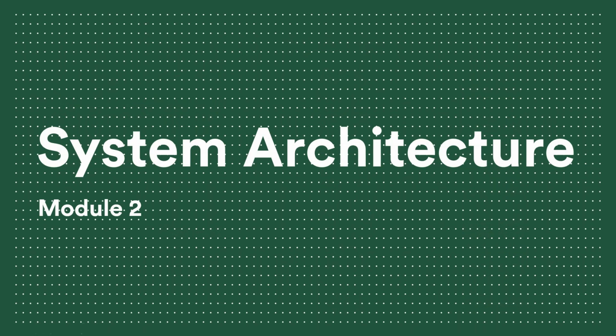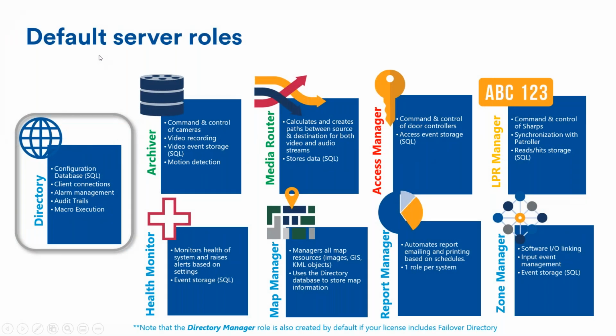Next, Module 2. Security Center is a role-based system. And a role in a Security Center system is simply a process running on a server. Depending on which components have been licensed, different roles will spin up on a server.